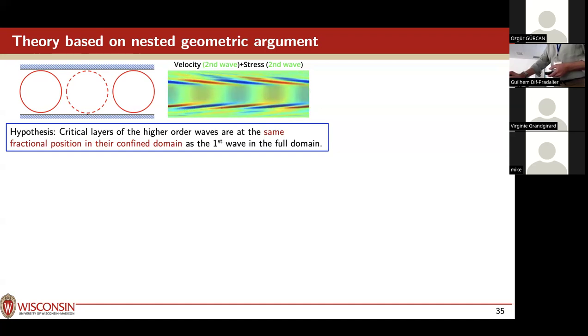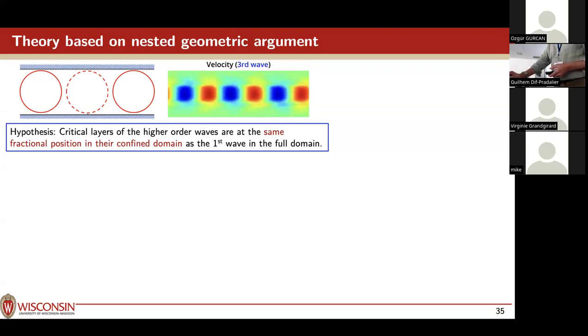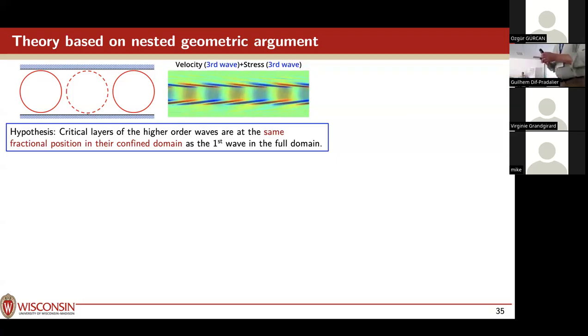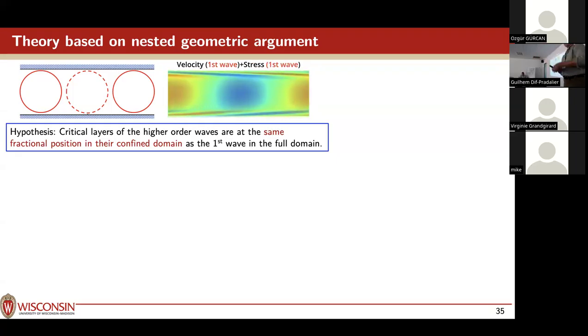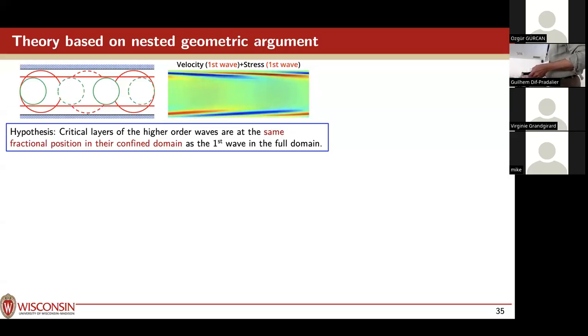Now the stress, letting the velocity go away. Now in the middle there, that's the velocity fluctuation from the third peak. What you're seeing is that for each of these successive peaks, the velocity field is localized inside the critical layer of the previous peak. So you have these nested traveling wave structures. That's what we're trying to illustrate here.